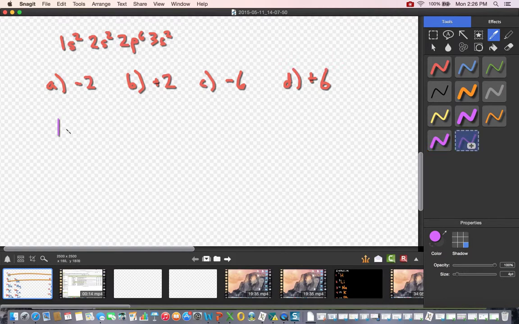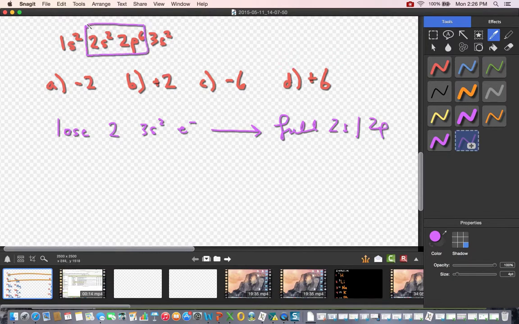This would give us a full 2s and 2p. Notice the full 2s and 2p adds up to 8 electrons. That's why it's called an octet. If I lose 2 3s electrons, that would have a charge of +2. Notice that +2 is one of the answers.